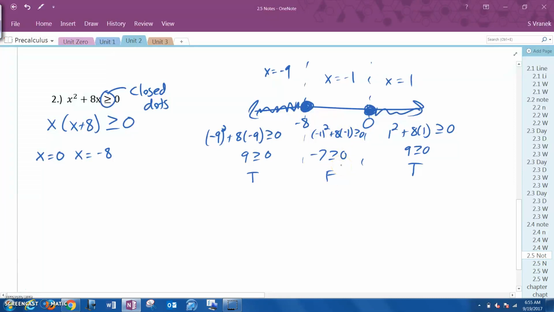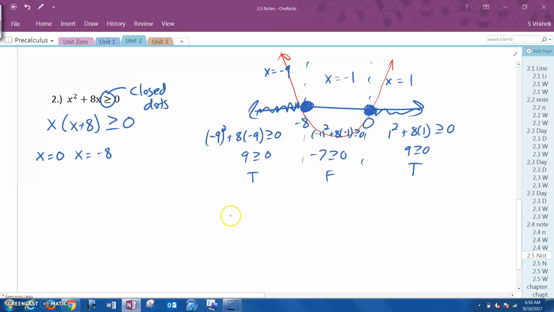And sure enough, if I graphed my parabola, again, it would look something like this. Okay, that'd be my parabola. And again, it's asking this time, where does it go above the line? Well, it would be these outside branches, where the graph goes up forever and ever. So sure enough, that is correct.